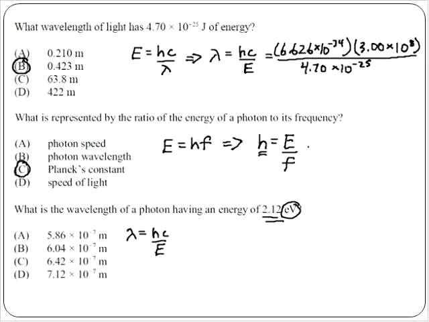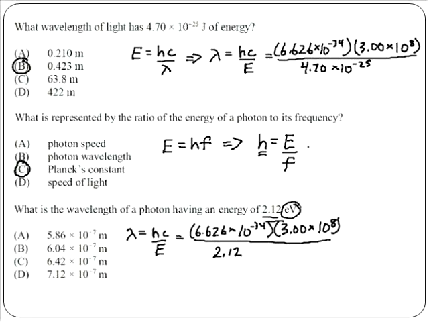I plug in my value for h, 6.626 times 10 to the power of negative 34, and c, 3.00 times 10 to the power of 8.